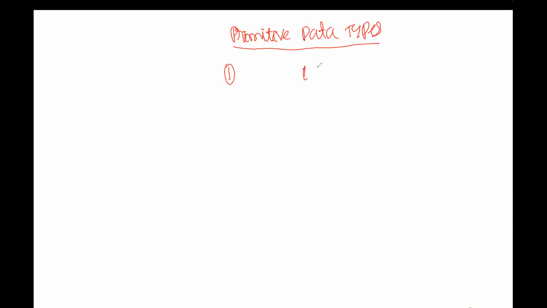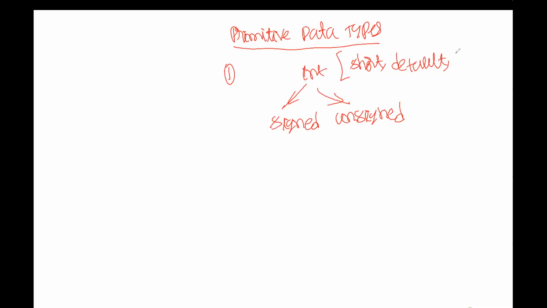So if you take int, there are two kinds of integer. One is signed, the other is unsigned. And then we know we have a short int, the default regular sized int, and then long int.